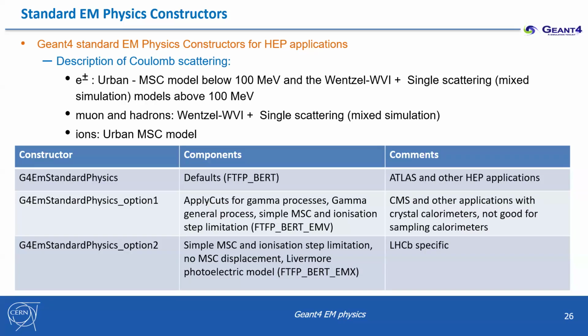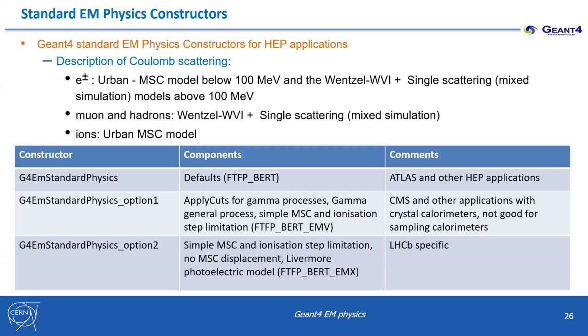There is electromagnetic physics option 1, which is a bit faster than default, because in this option 1, we configure parameter apply cut for gamma processes. We use gamma general. We use simple multiple scattering step limitation. And if you look into our distribution, this physics list is called FTFP BERT EMV. Why V, I don't know.